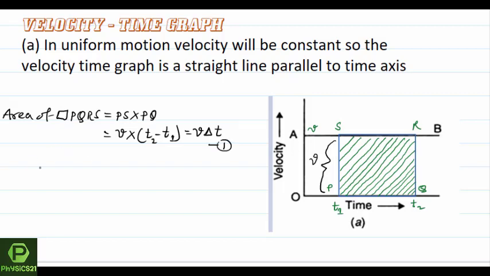Now as we know that V is equal to displacement divided by time interval, in the next step we can write S is equal to V into delta T. Let this be equation 2.